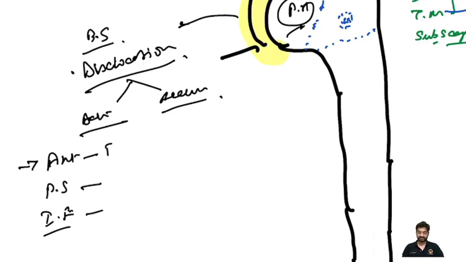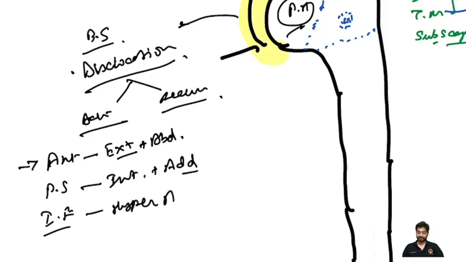In anterior, there will be external rotation plus abduction, whereas in posterior there will be internal rotation plus adduction. Similarly, in inferior dislocation there will be hyper abduction, which means your hand will be abducted like this. Anterior dislocation is most common.